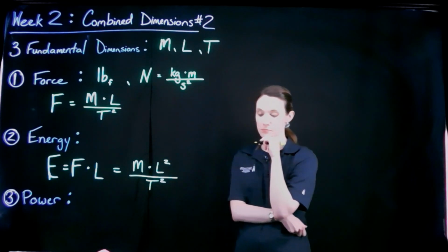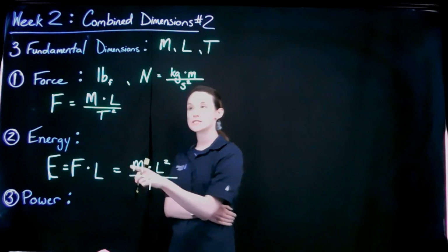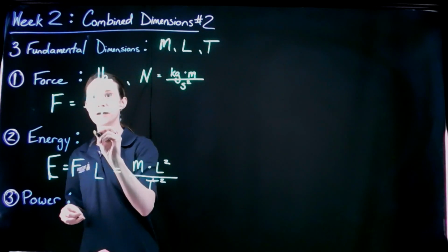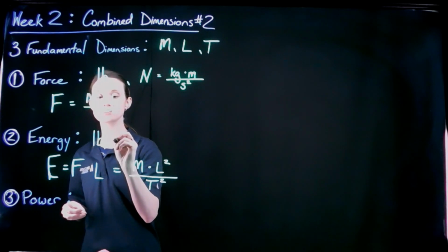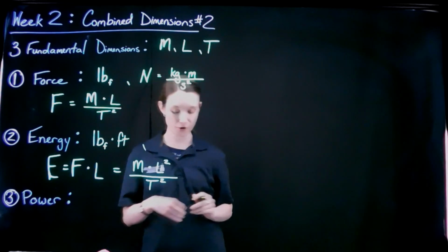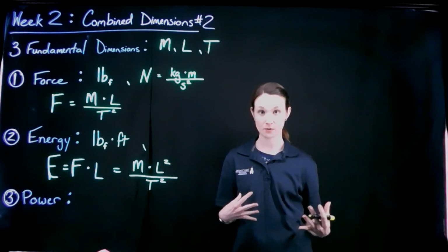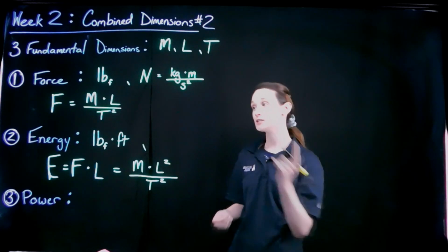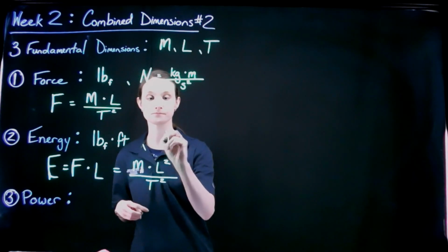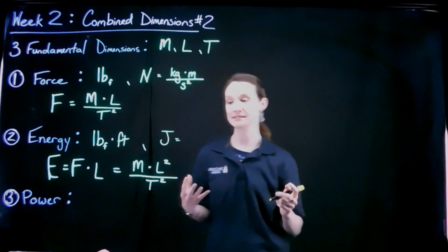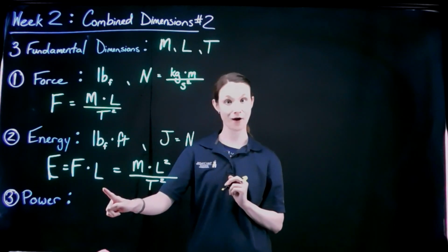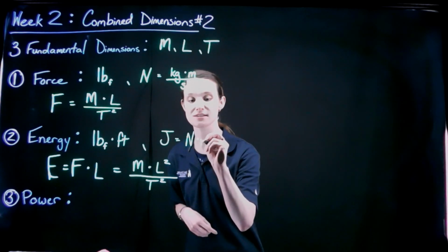Looks a little funny, but it happens. In the US unit system, we just start combining things: our standard unit for energy is pounds force times our standard unit of distance, feet. However, in the SI unit system, we define a new combined unit for energy. This is what we call a joule, which is, by definition, a force measured in newtons times our standard distance, in meters.